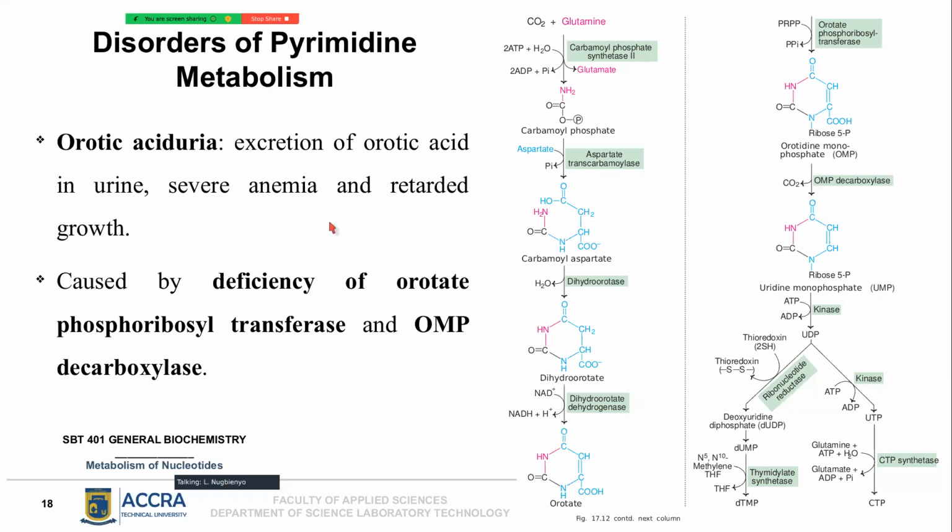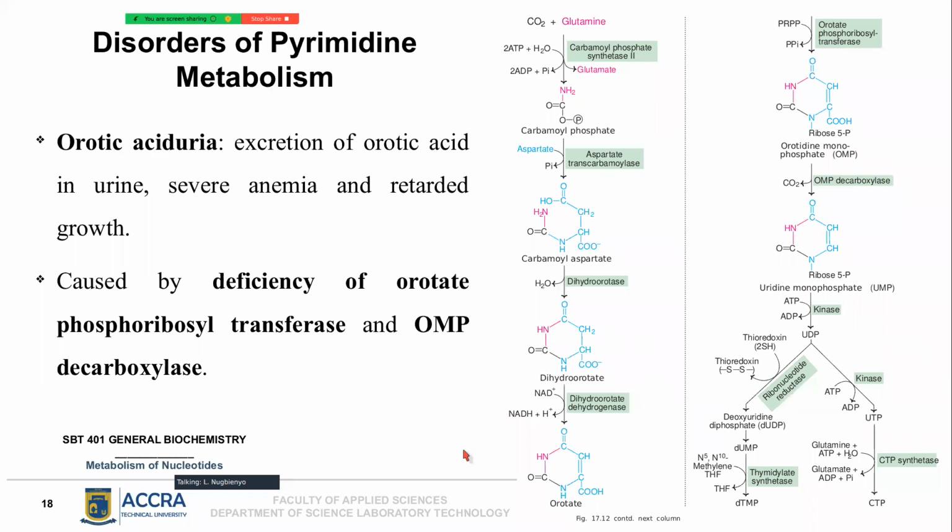So what it means is that it is a similar effect to what you see with uric acid increase in blood. This time around it is orotic acid, and this orotic acid has a similar effect on the nervous system as we saw with uric acid, and has an effect on the production of red blood cells or some hemolysis of red blood cells.